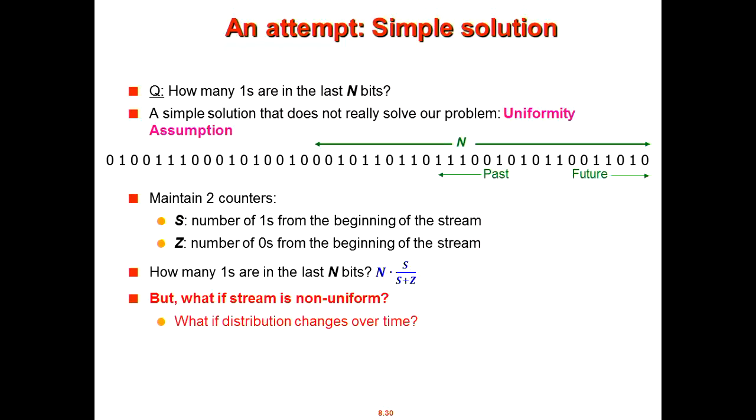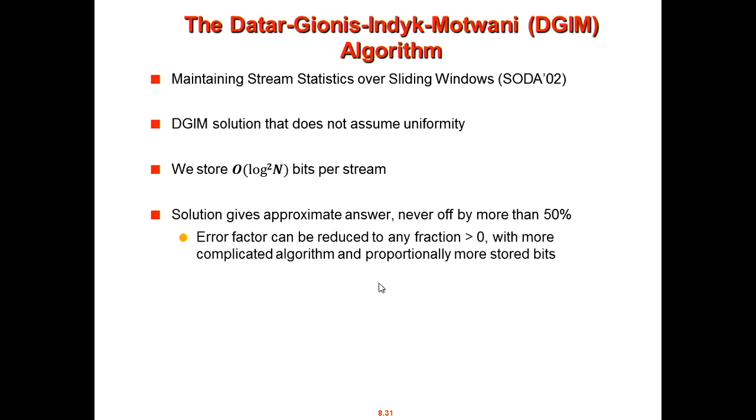But the assumption is that the 0s and 1s should be distributed uniformly. If it does not distribute uniformly, then this guess is not accurate and has no performance guarantees. As the distribution changes over time, this answer obviously is not correct.